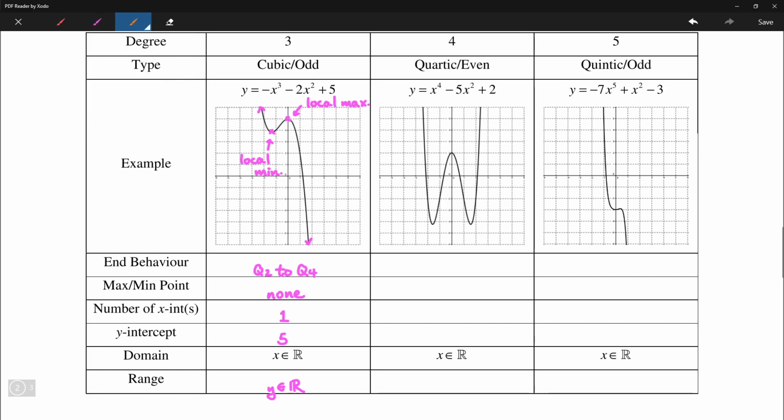is the quartic function. Continuing on here, the behavior is going to be from quadrant 2 to quadrant 1. Notice that this is a positive graph. Now it has a minimum point. It's hard to tell what it is, but it's approximately negative 1.6 and then negative 4.2. So the minimum point is approximately at that location.